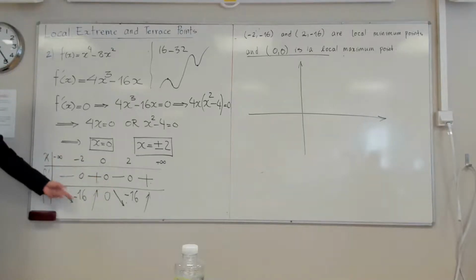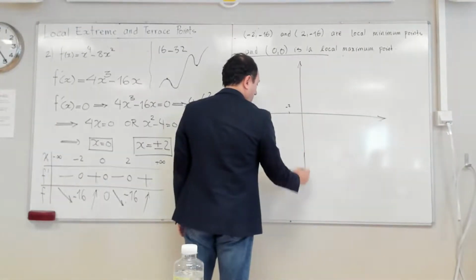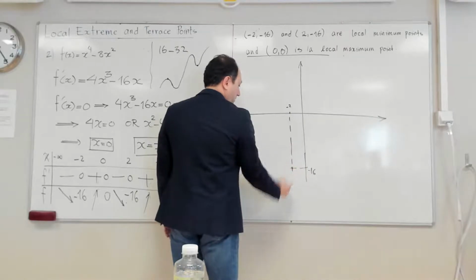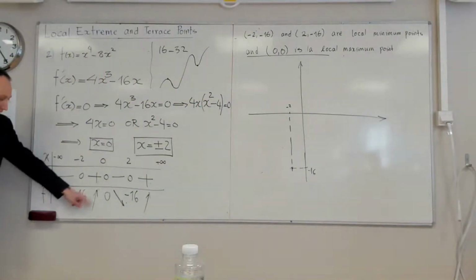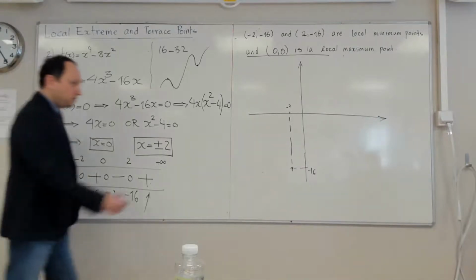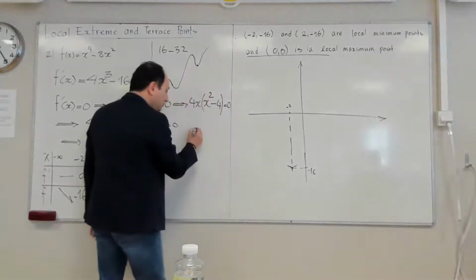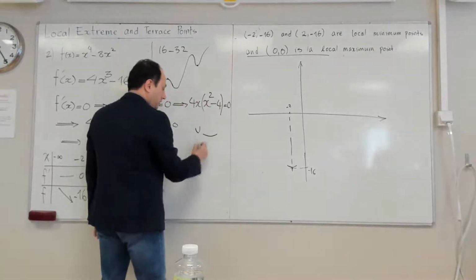So -2 and -16. For example, assume that here is -2 and -16 is somewhere here. What is the behavior of the graph of the function there? It is of a minimum type. So around this point, the behavior is something like this. I don't know exactly. Might be it is very sharp, might be it is very flat, or something in between.